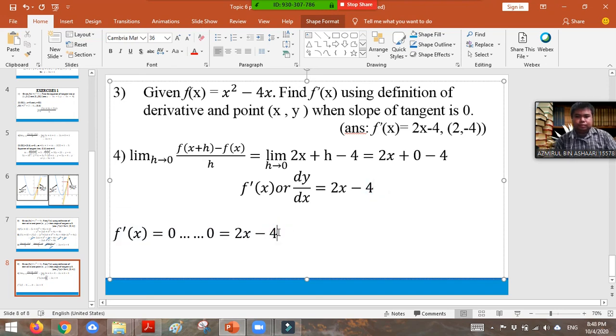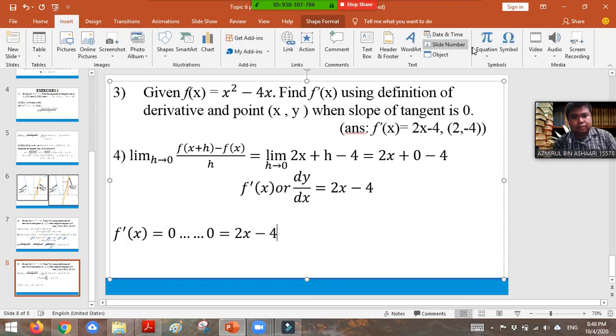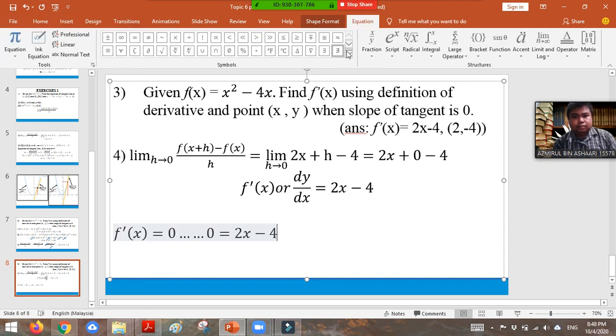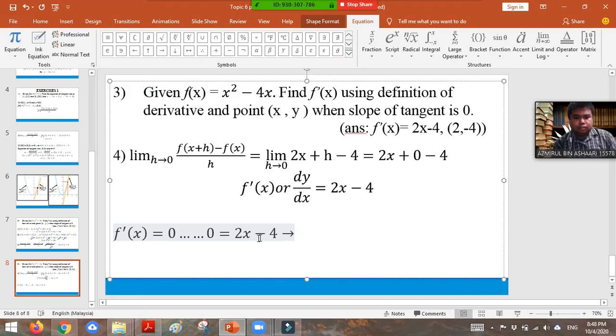So I move 4 to the left side, negative 4 moved to the left side becomes positive 4, equal to 2x.